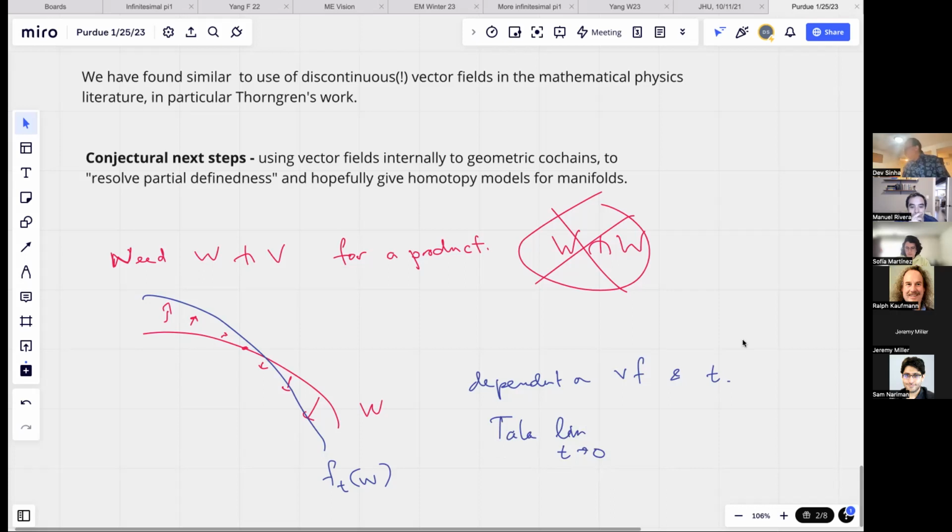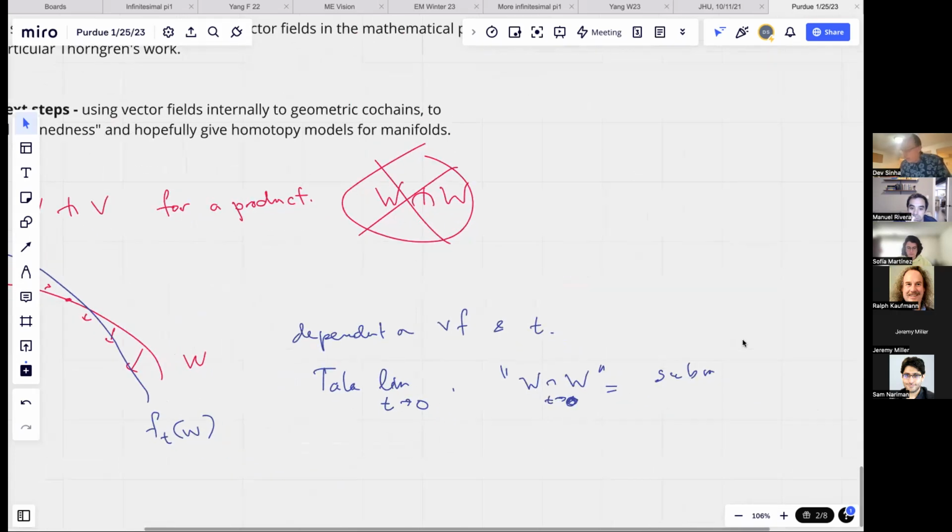And what that would be in the product is W intersect W infinitesimally, which is going to be places where the vector field vanishes, but more generally, it's the submanifold of W, and again, transversality is needed everywhere here, such that the vector in the vector field is contained in the tangent space of W. So you're trying to move W off itself, but you end up just moving it somewhere else on W.